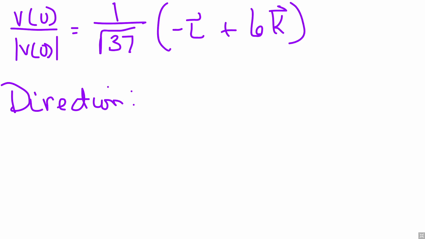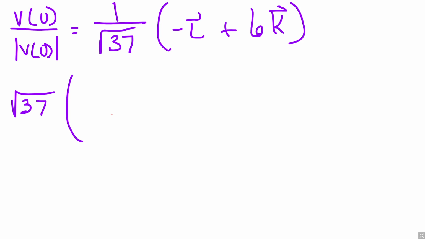Okay, so it wants us to write the velocity vector in terms of speed and direction. Sorry, wrong color. Right color. So we're going to write the velocity vector as a product of the two. We take the length, which is the speed, the square root of 37, times the direction portion.